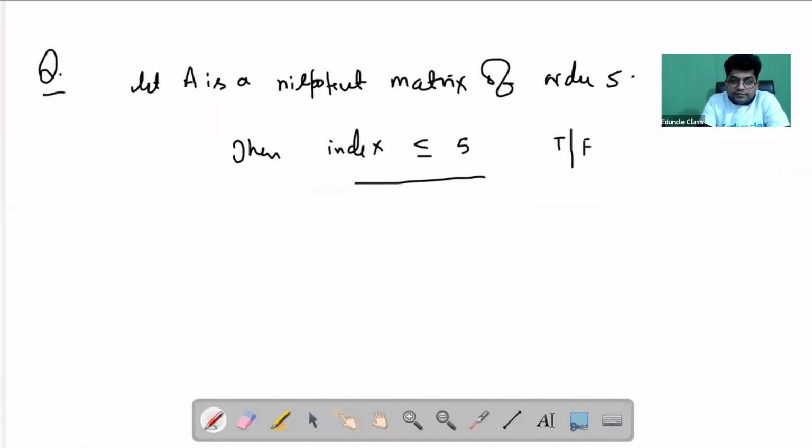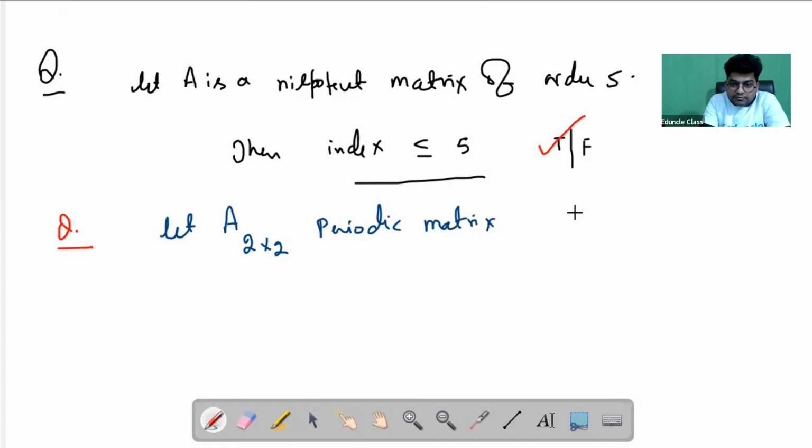True or false? This is true. But there is one more question. Let us consider a 2 cross 2 periodic matrix. Then is the period always less than or equal to n?